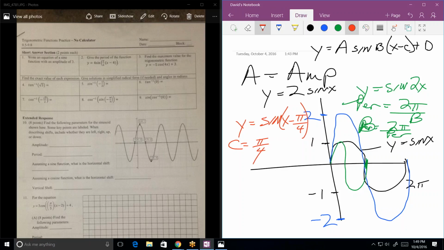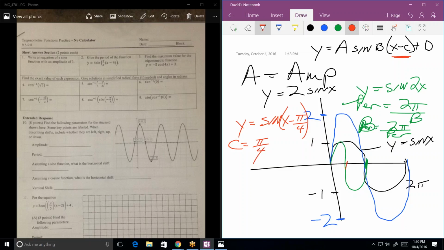In other words, the standard is always x minus c. Right there. Okay? In this case, c is a positive pi over 4. And positive pi over 4 means a shift to the right. So I'm going to take my black curve, which is sine of x, and I'm going to shift it.